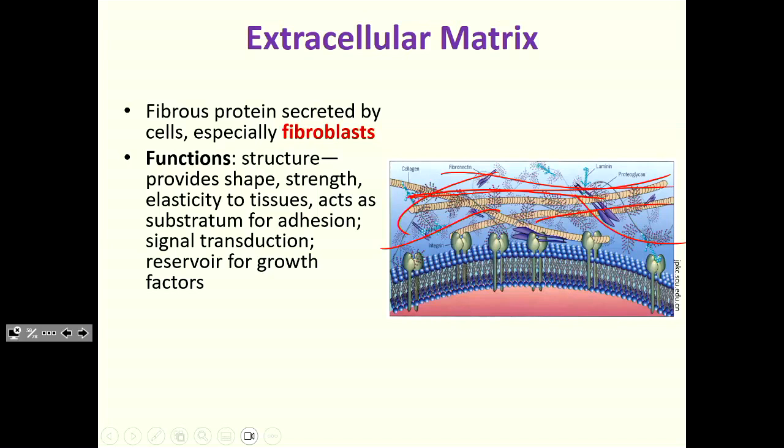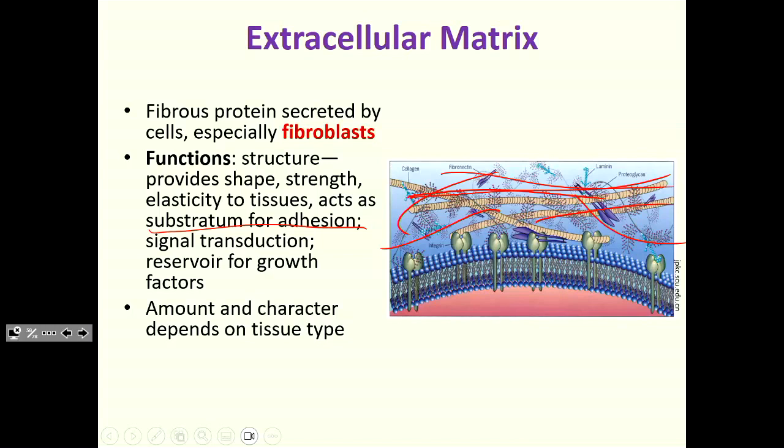Its functions are indicated there. When it says substratum for adhesion, for example, collagen in the ECM is binding to our integrins, for example, on the membrane of a protein. Signal transduction, I'll touch on that maybe in the review, but it has several functions. The primary function is to help maintain the shape of a particular tissue.